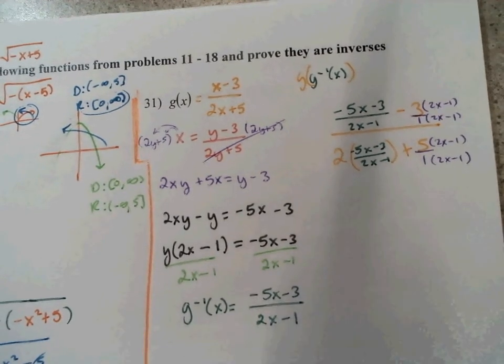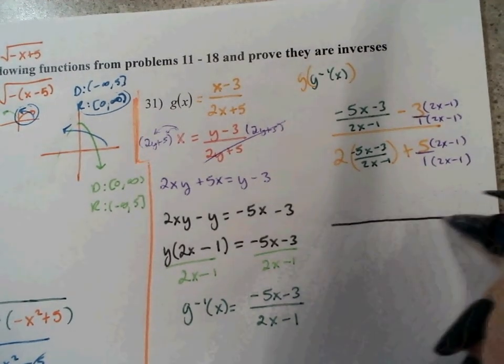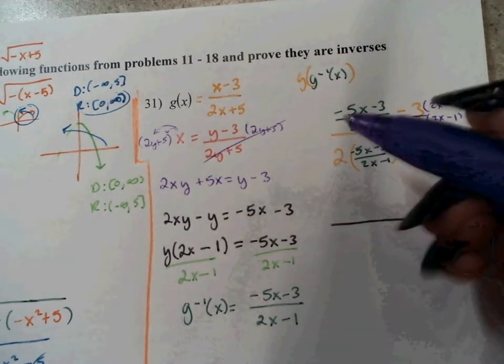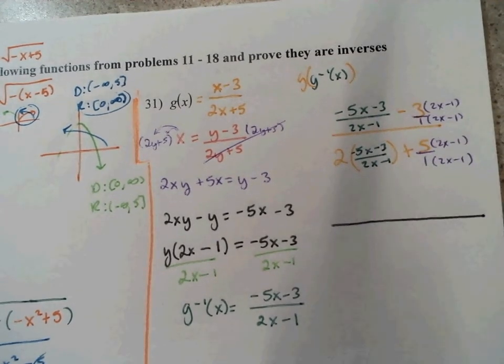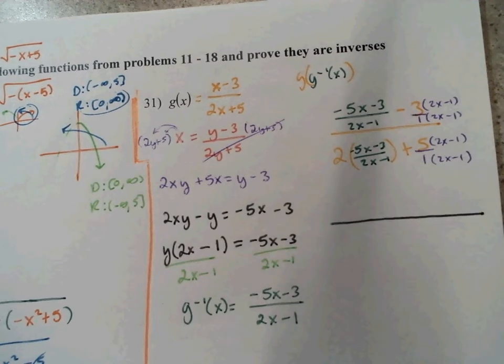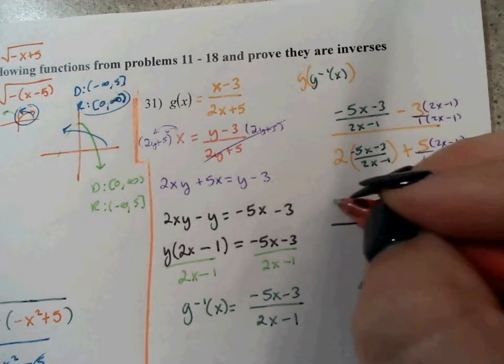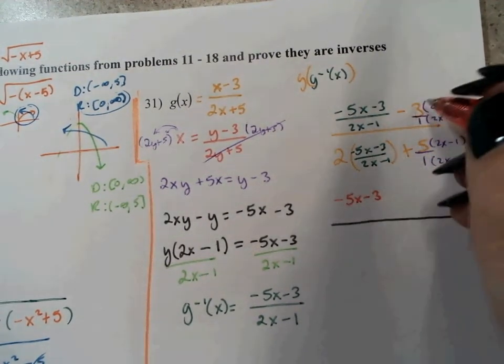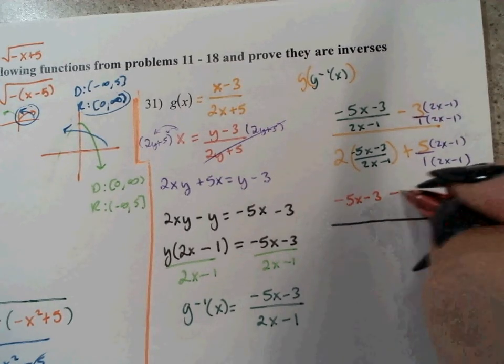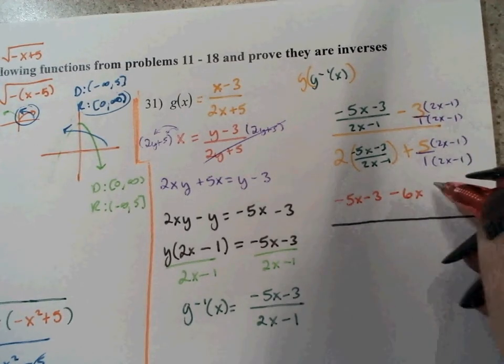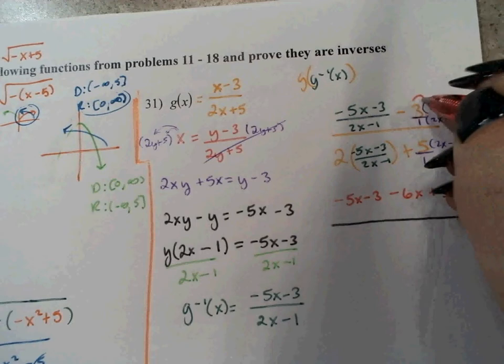And we get, in the numerator, so just remember, here's our fraction bar for the middle one. My numerator expression is going to be negative 5x minus 3. Then we distribute this negative 3. So minus 6x, and then plus 3.